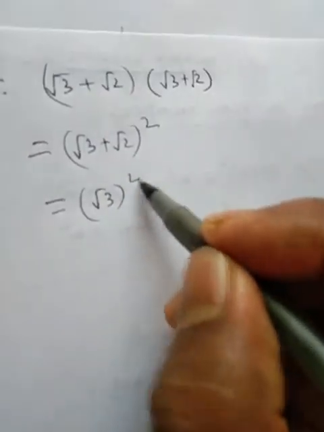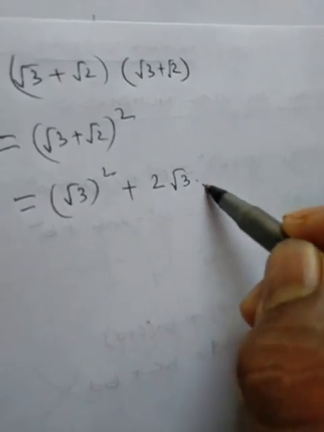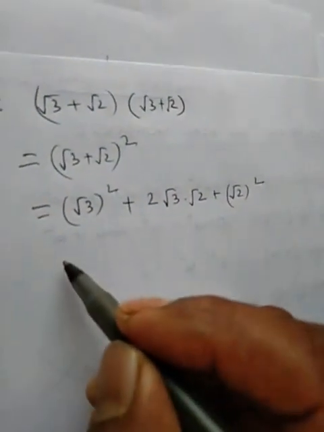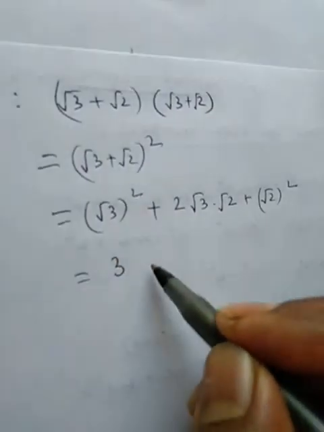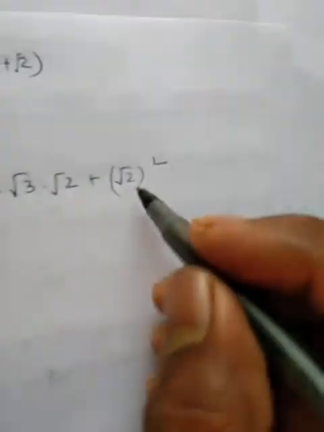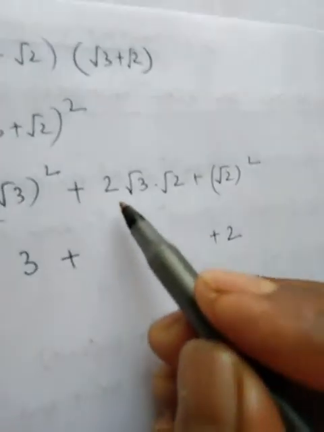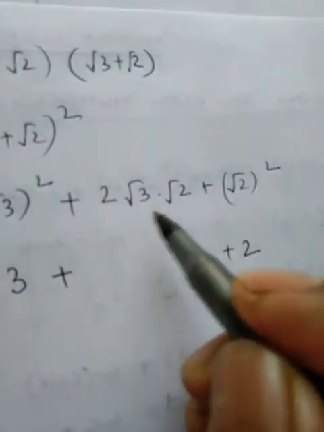That will be a square plus 2 into a into b plus b square. Now, as we have discussed, root 3 square means 3, plus root 2 square will become 2 only. Now here it is 2 into root 3 into root 2.